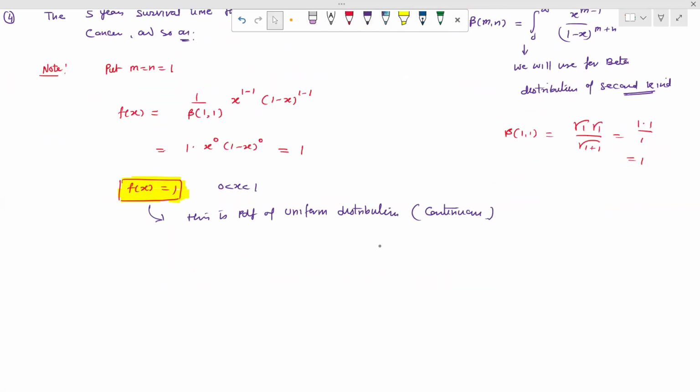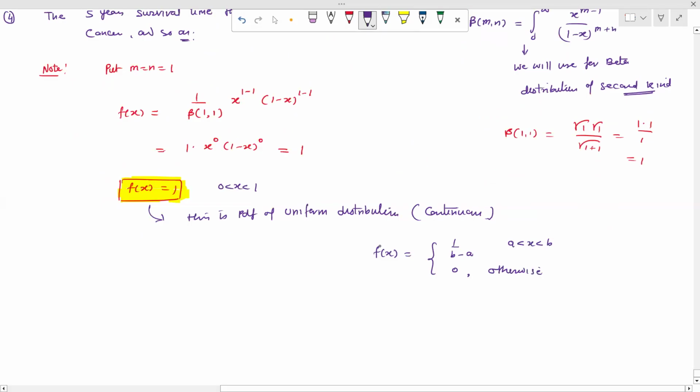So what is the PDF of uniform distribution? You have to remember this. So that means we write down 1 upon (B minus A), where X lies between A to B, and we write down 0 otherwise. अब यहाँ पे इंटरवल क्या हो गया है, इंटरवल हो गया 0 to 1. So when the interval is 0 to 1, X lies between 0 to 1.